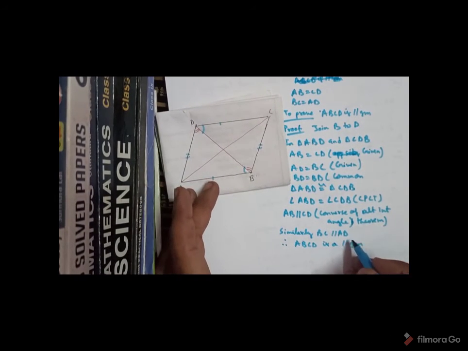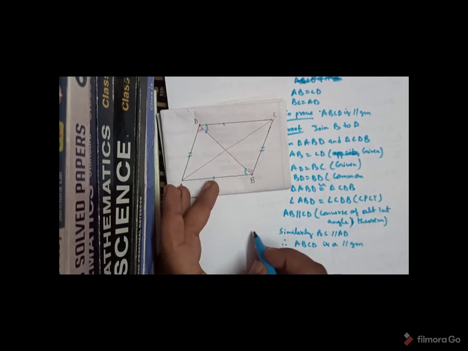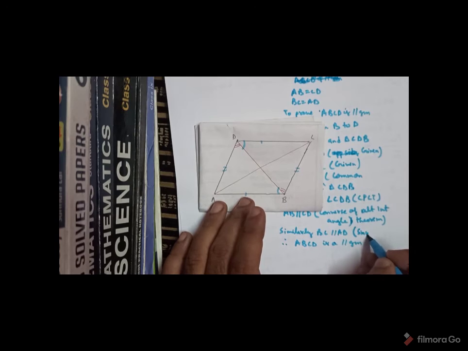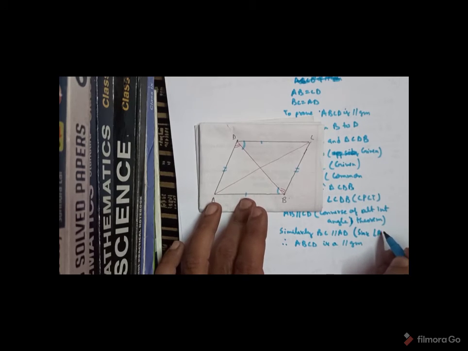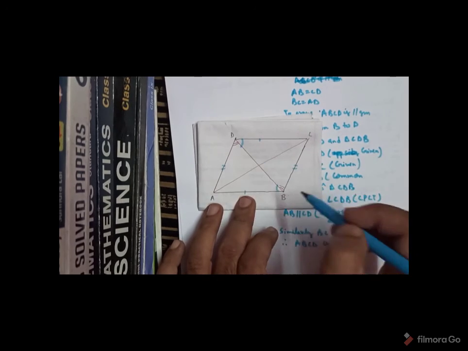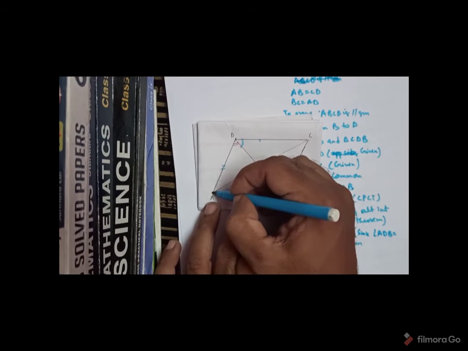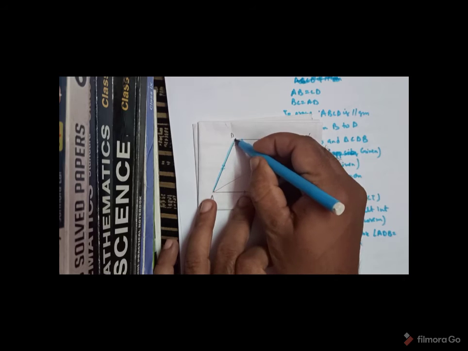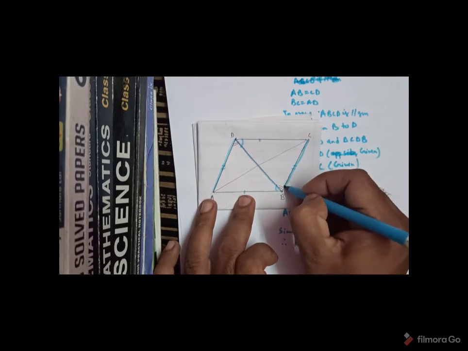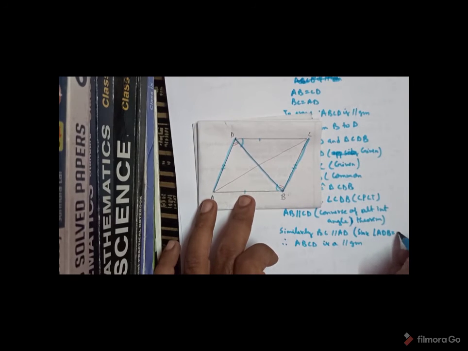BC is parallel to AD because angle ADB is equal to angle CDB.